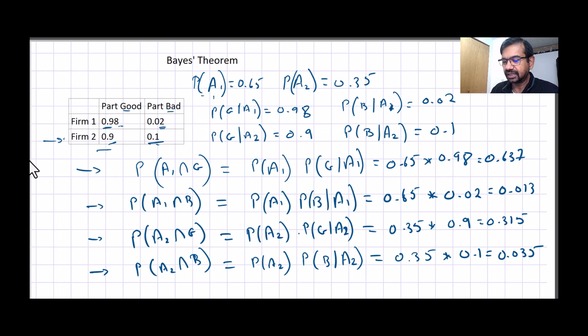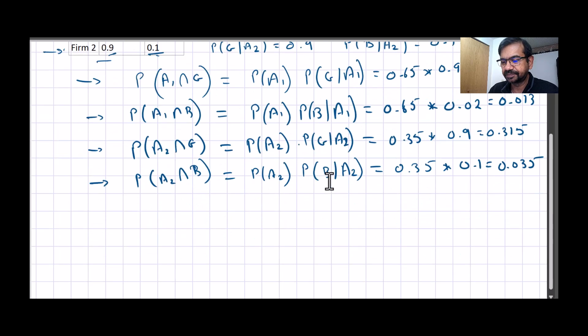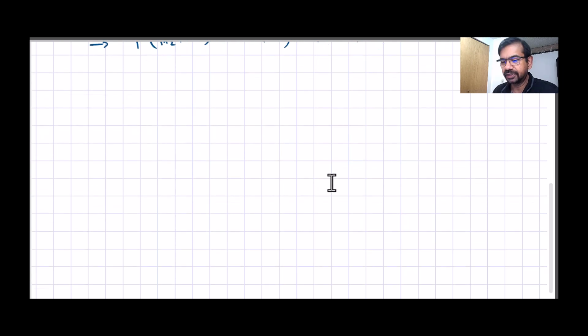And it is helpful to see the Bayes theorem in terms of a tree diagram as well. So I can start my event. The first stream is that I get my part from A1. Then if I get my part from A1, the part could be good or the part could be bad.